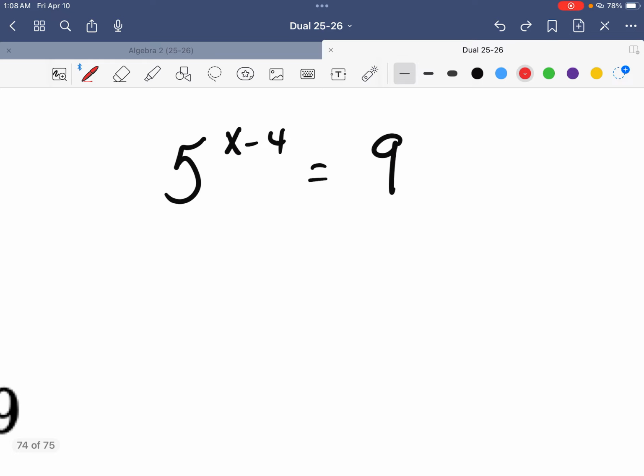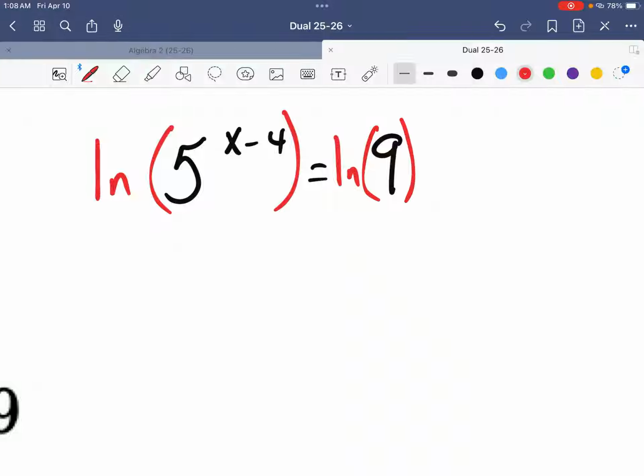So I'm going to take the ln of the left side, and then I'm going to take the ln of the right side. Because if you do it to one side, you got to do it to the other side, okay? Now, why do I do that? What's the whole point? Remember that the whole reason we have logs is so that I can bring the exponent down.